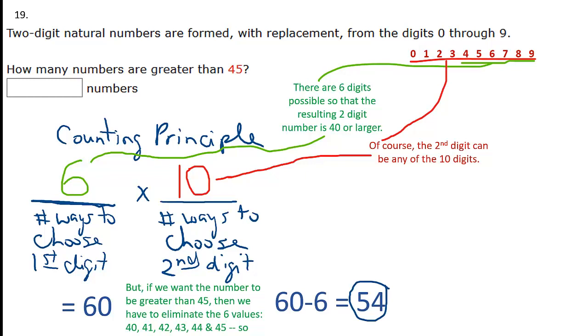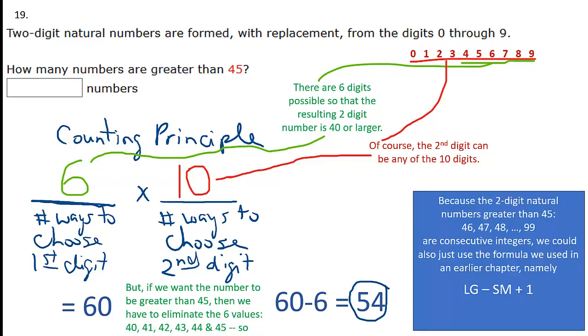Now this is the way they meant for you to work this problem, but I will tell you, we learned something on the last test that would make this problem actually easier. If we're trying to count the numbers greater than 45, that'd be 46, 47, 48, all the way up to 99 if you want to stay in 2 digits. We learned a formula for counting consecutive integers: the largest minus the smallest plus 1.